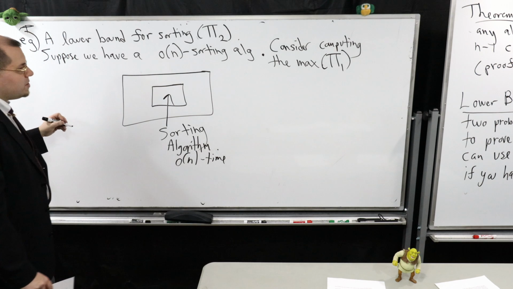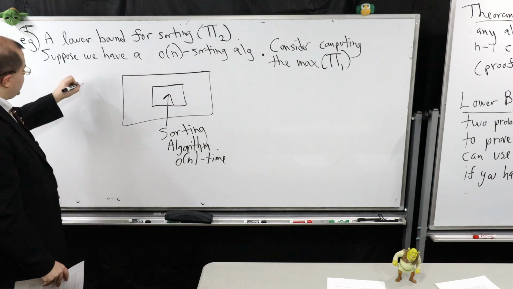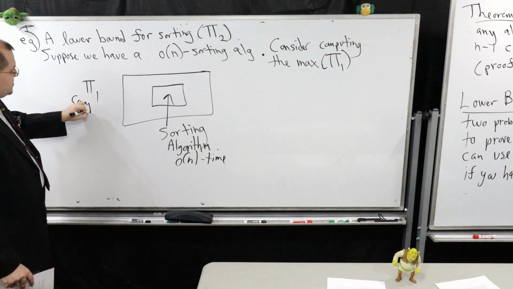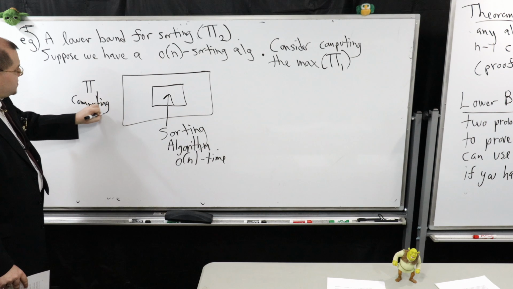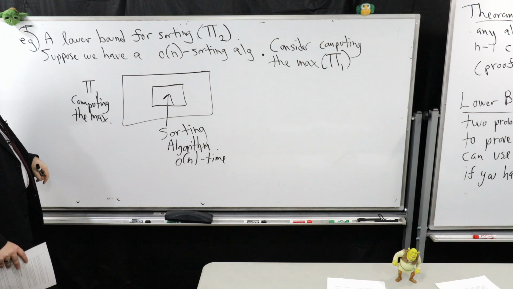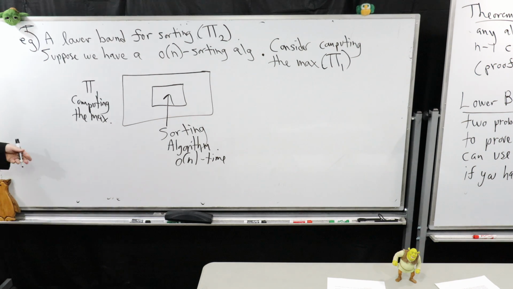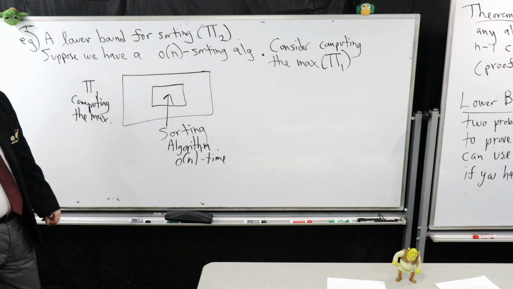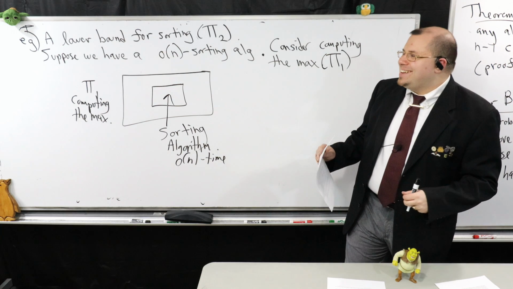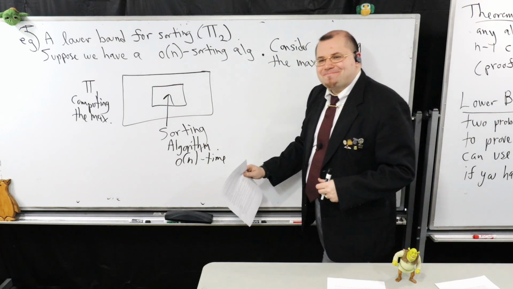So suppose I want to solve Pi 1. So I have Pi 1 here. This is computing the maximum. So let's come up with an algorithm that we can use to solve computing the maximum in little o of n time under this assumption.